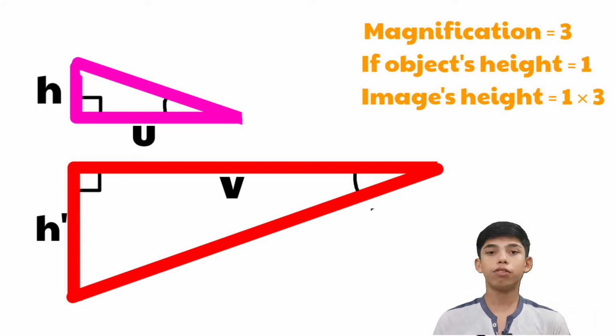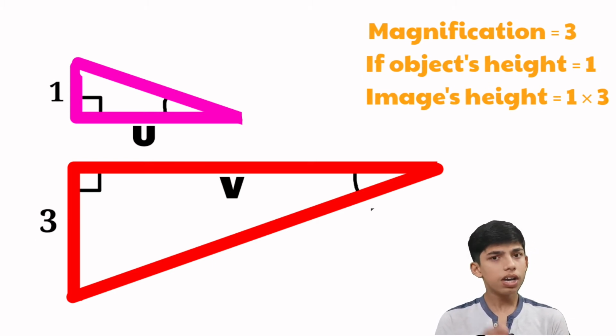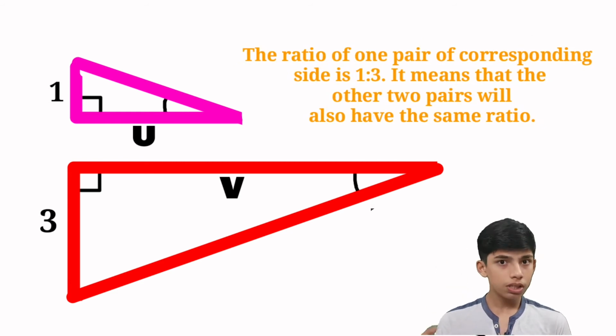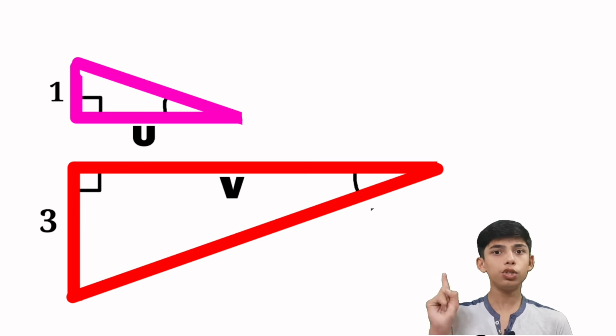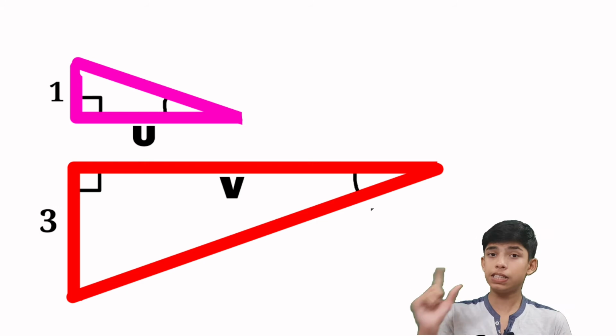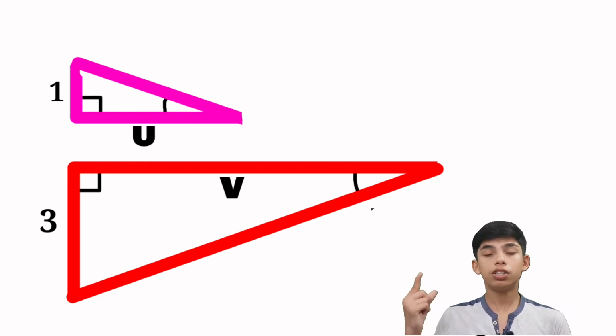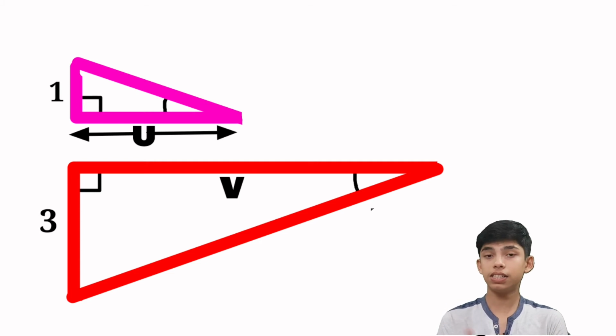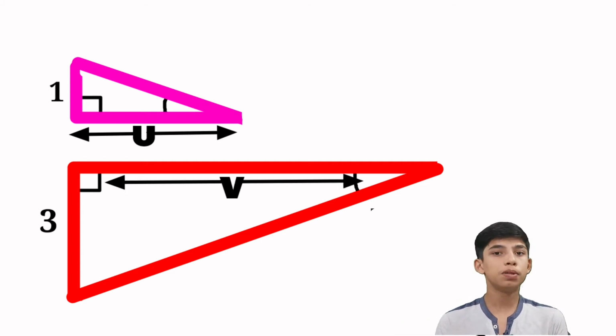So we have the object height as 1 and the image height as 3. Now here we got our ratio as 1:3. This was 1 pair of corresponding sides. Now there are 2 more pairs of corresponding sides, and we have to apply the same ratio to the other 2 also. Now we have that side as the object distance and that one as the image distance.